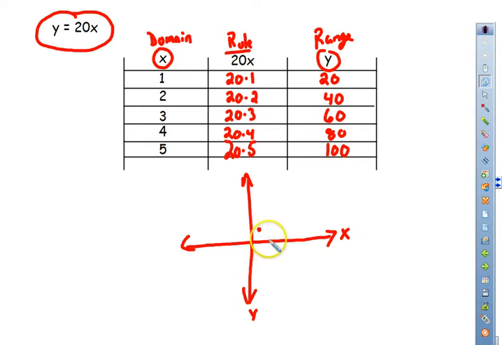And then we're going to say 2, and then the next one is 40, and then 3, and 60, and 4 is 80, and then the 5 to be the 100, and then you would draw a line through this, and that actually gives us our slope of our line.